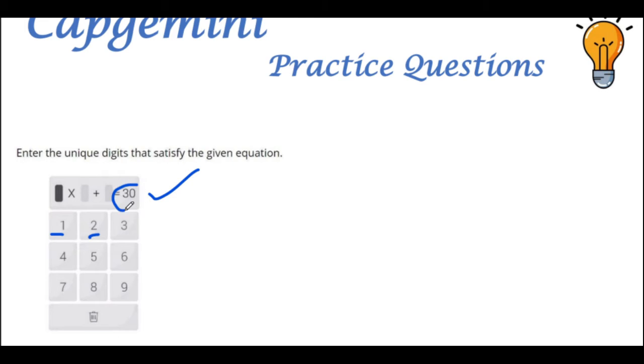We have to calculate this output by filling in some values here. If you want to delete a number you have chosen, you can choose this option. We have to select unique digits that satisfy the given equation. So we can choose some number here.